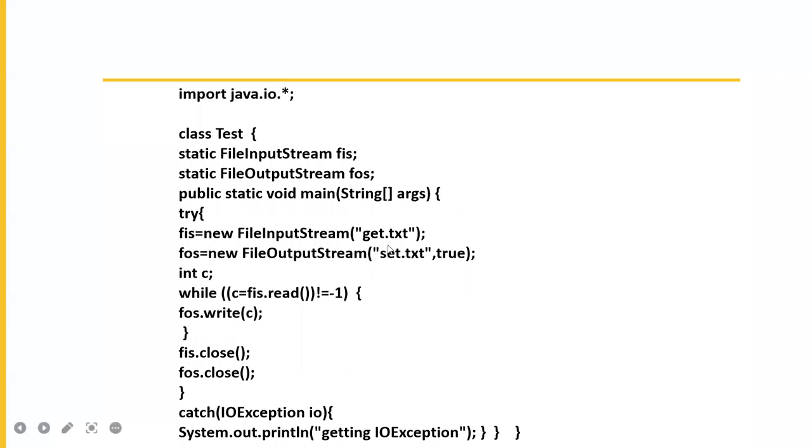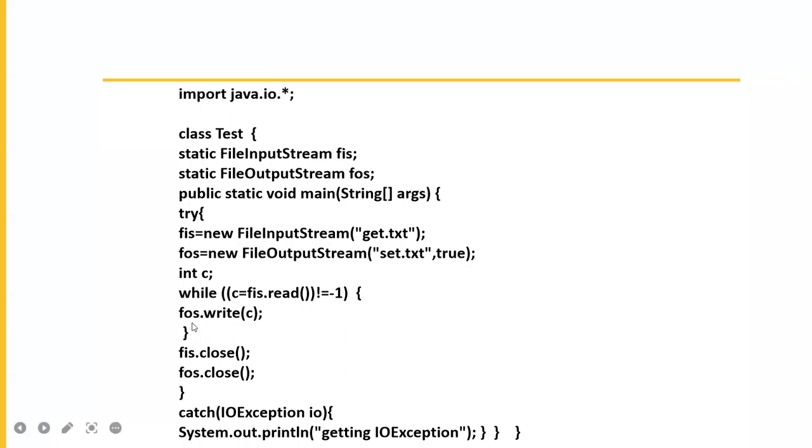Now, this is an example, guys. Let's say here I have two files. One is a get file, another one is a set file. What I'm doing, I'm reading the data from FIS. FIS means file input stream object. By using a file input stream object, we are taking the data, and I am writing into C. C is indicating the last character from this value.